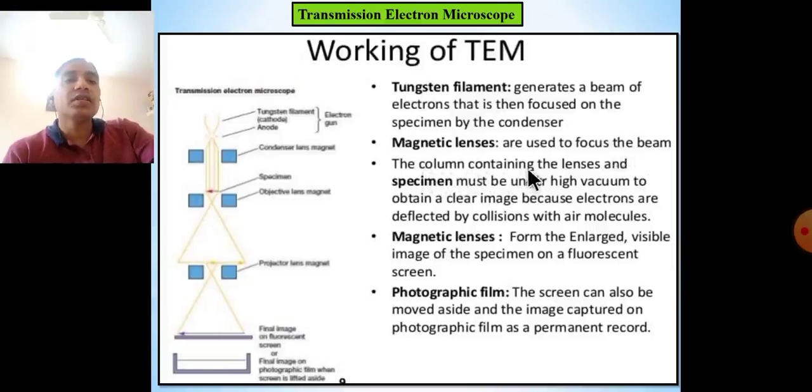The column containing the lenses and specimen must be under high vacuum to obtain a clear image, because electrons are deflected by collision with air molecules. Magnetic lenses form the enlarged visible image of the specimen on the fluorescent screen. This is the fluorescent screen.